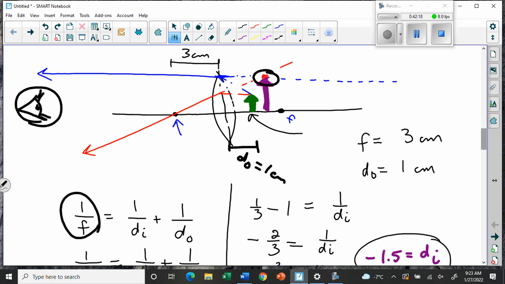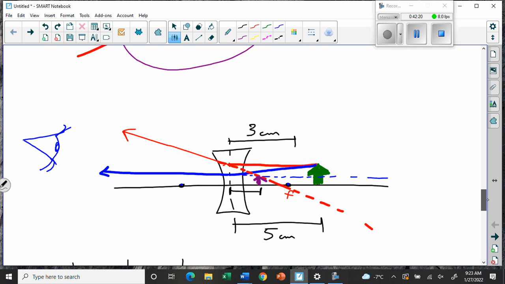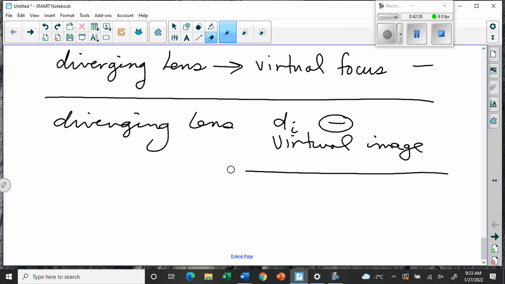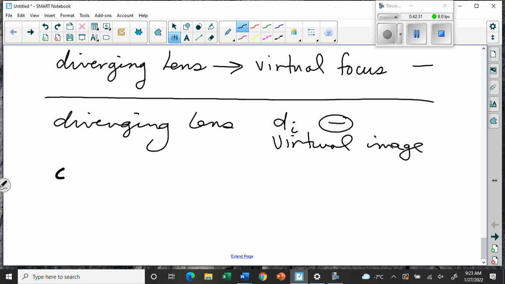So for the converging lens, it's a little bit trickier. For the converging lens, the DIs are a little bit tricky.